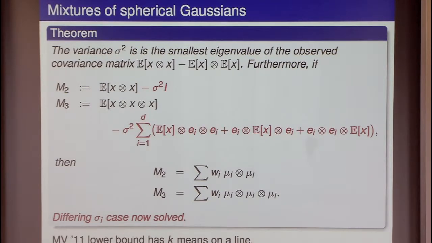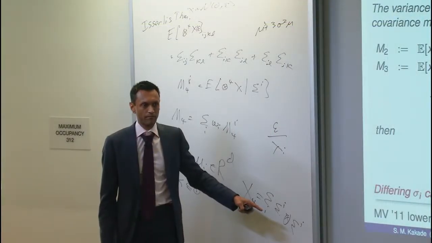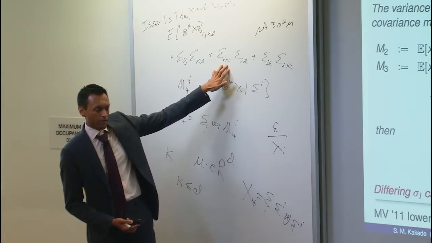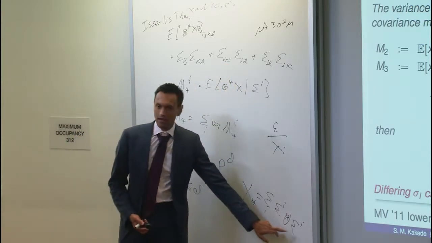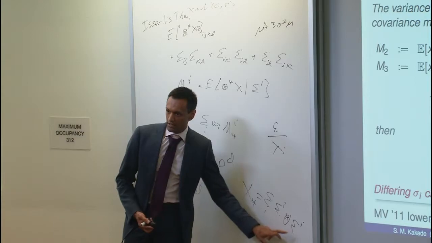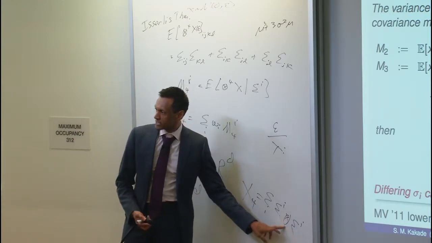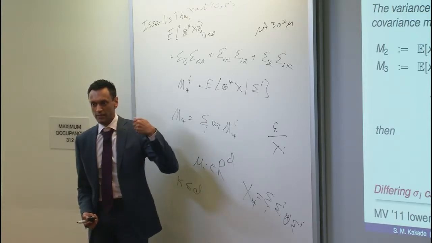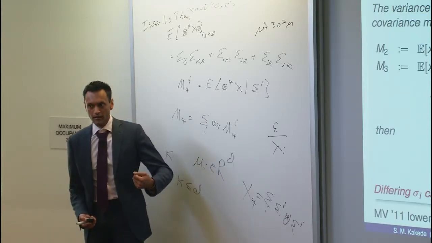But the key observation is the way that they're mixed up is a linear transformation. Because what we have is this. We'd like an object that looks like this, where you have sigma cross sigma, where you can think of each sigma as a vector.